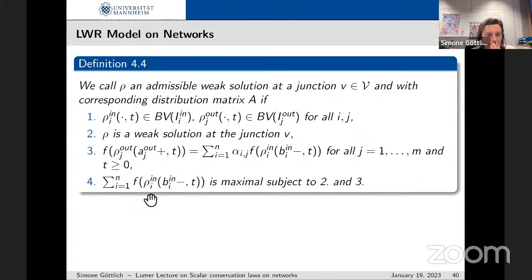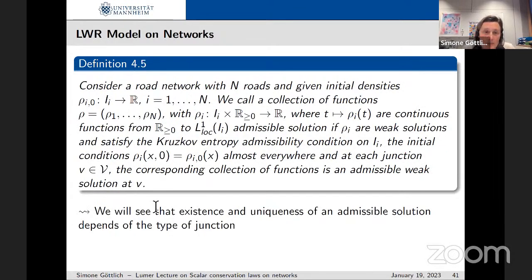And this is different for each type of intersection. I've prepared two types of intersection to explain this more precisely. First of all, we are in the same setting as before, thinking of Kruzhkov entropy admissible conditions to solve the problem at the junction.